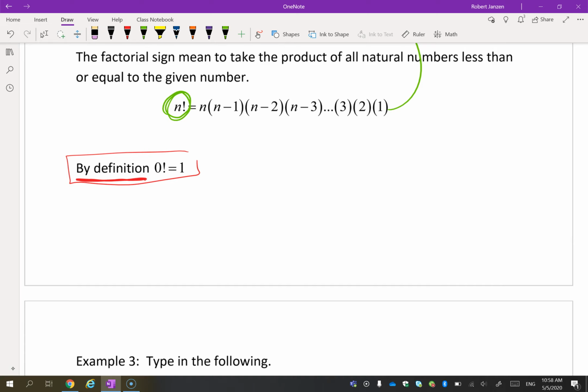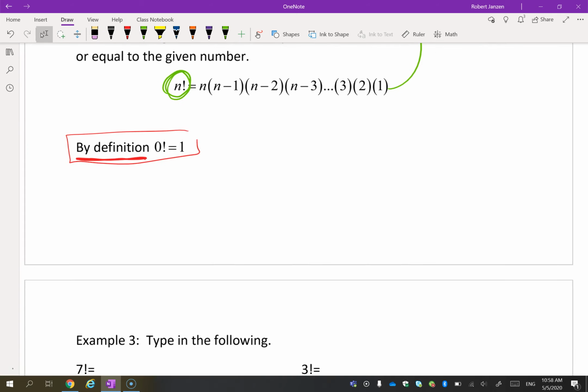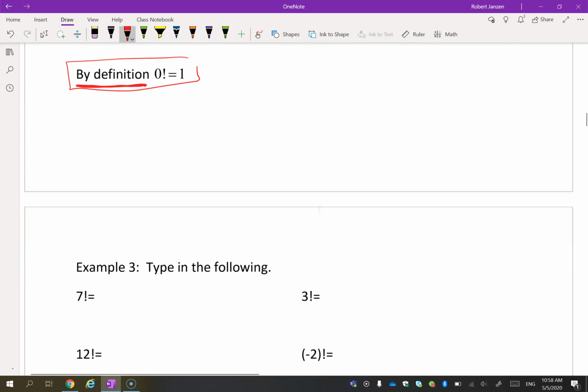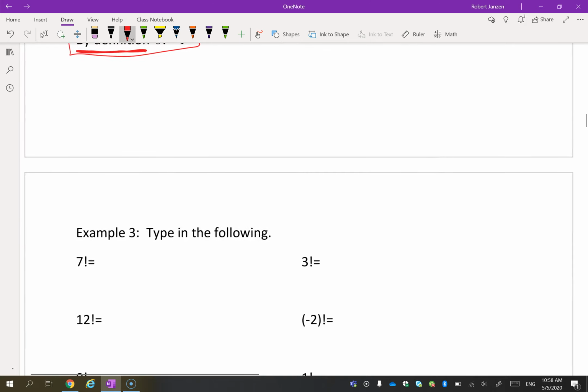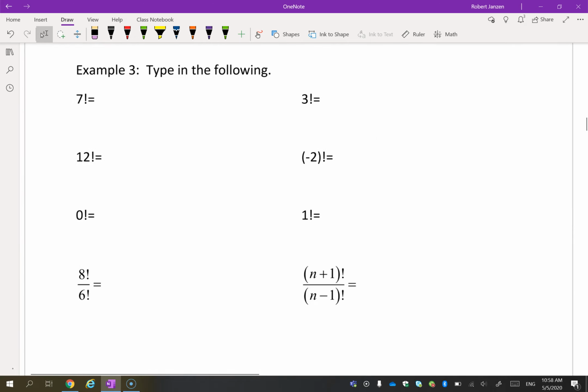But we're saying by definition that 0 factorial is 1 because we need it for our formula. When we start doing questions, this will make sense. If we take 0 objects and rearrange them, how many ways can you do that? Well, there's only one way to do it: you can't. It's kind of a weird thing to consider, but we'll use it for now.